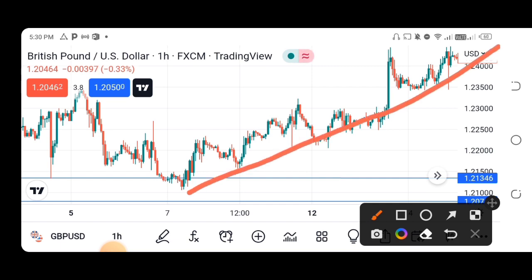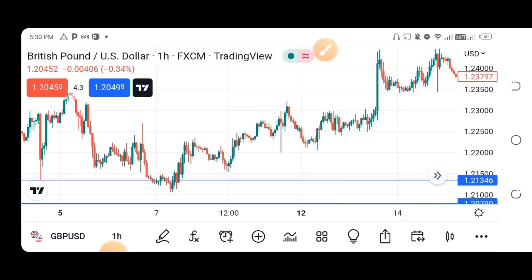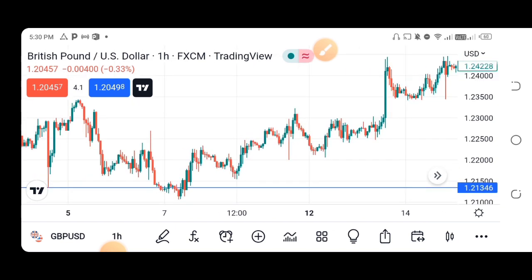We are not going to be talking more about trend lines today, but more about market structure. So we are going to analyze this from a market structure perspective, right? So now let's go down to it.